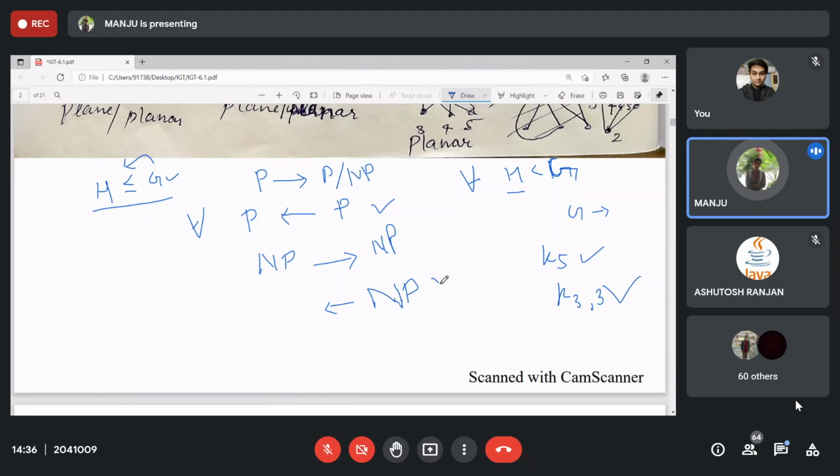Corresponding to this one, I can ask one statement. That was in the exercise also. Every subgraph of a non-planar graph is non-planar, and the second statement is every subgraph of a non-planar graph is planar.